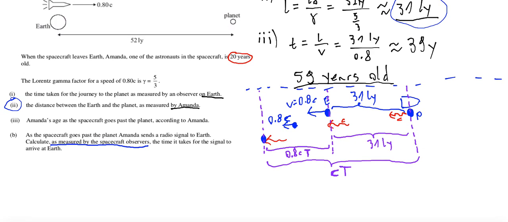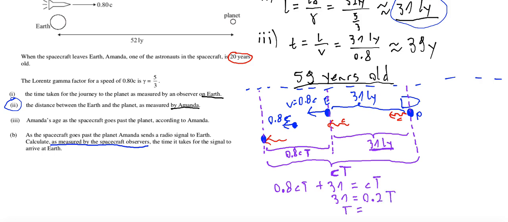So finally, you can write the equation 0.8 ct plus 31 light years is equal to ct. If distance is expressed in light years, it means that c is equal to 1. So we have 31 is equal to 0.2 times t.